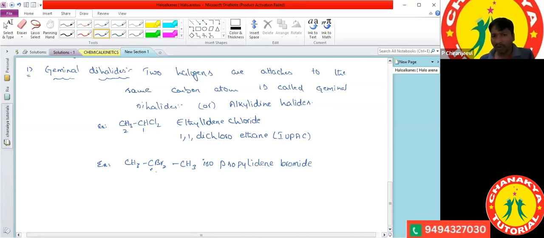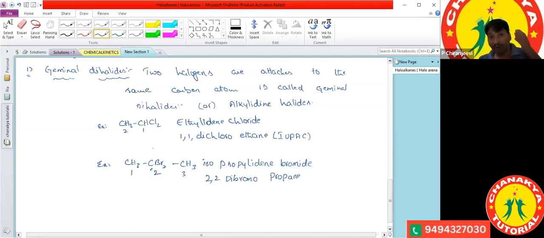Anyway you give the numbering, you'll get the same number: 1, 2, 3. Now 2,2-dibromopropane. The given compound is saturated, that's why we write 2,2-dibromopropane. Now you got the clarity. So this is the IUPAC name. These two are the examples of geminol dihalides.